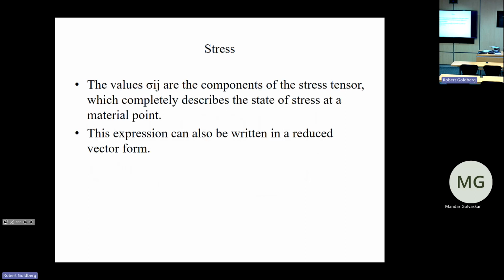But what we can also do is write this expression in some reduced forms. One form that's commonly used in continuum mechanics is what's called indicial notation, where we can say that T sub i is equal to sigma ij times n j, and we can write it in a vector form as T is equal to sigma times n.